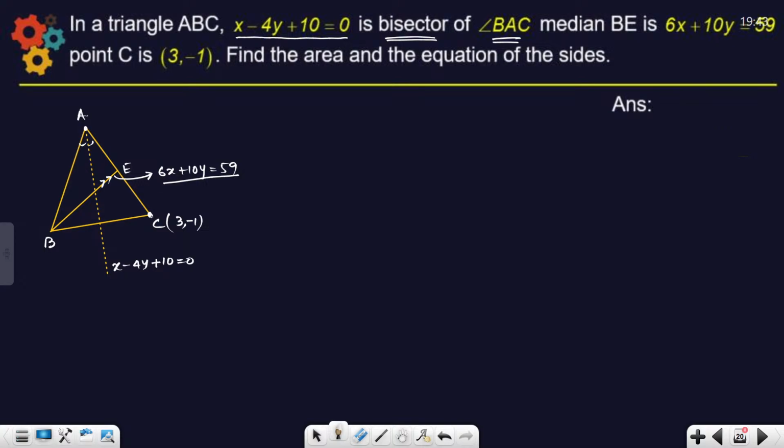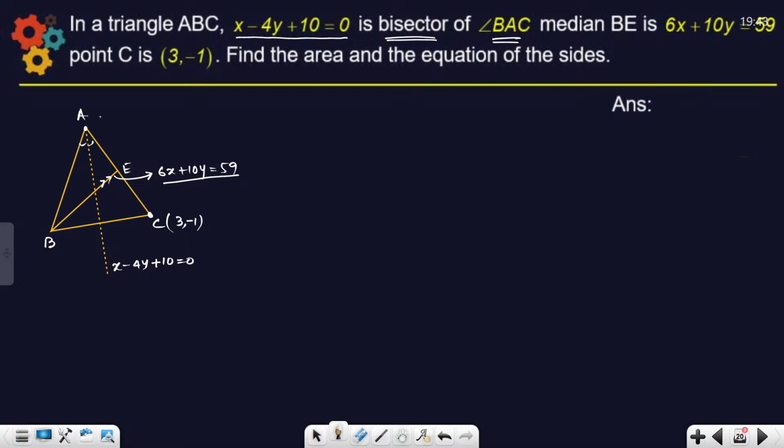So you cannot find an image with respect to a median. Yes, of course, if the median is for an isosceles triangle, the case is completely different, because in that case your two sides are equal. But here, I don't know. So you cannot find point A by finding the image of C with respect to the line mirror BE. No, it's not possible.